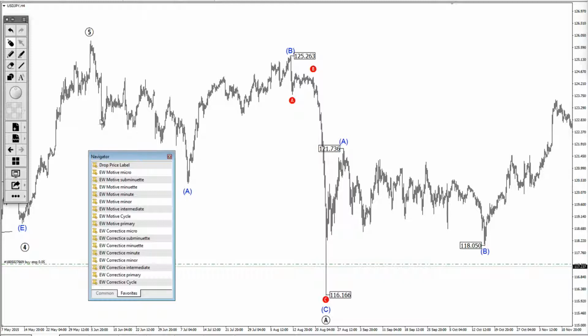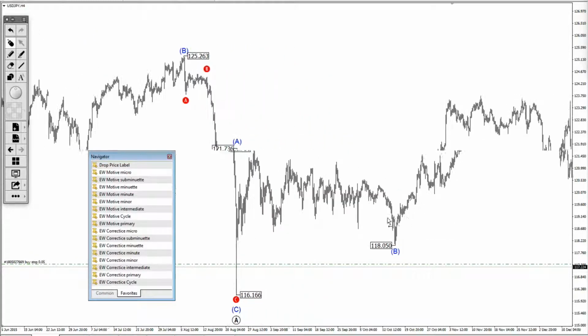So here we can see ABC structure as minor wave A for the larger triangle, and then up to 121.74 approximately A wave, 118.05 as the B wave.